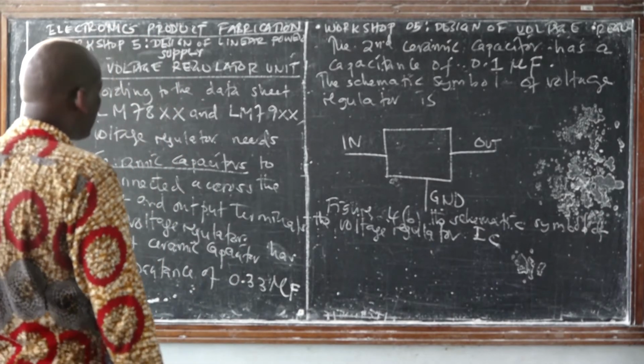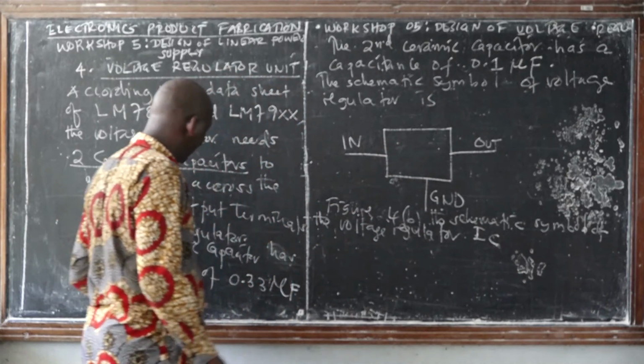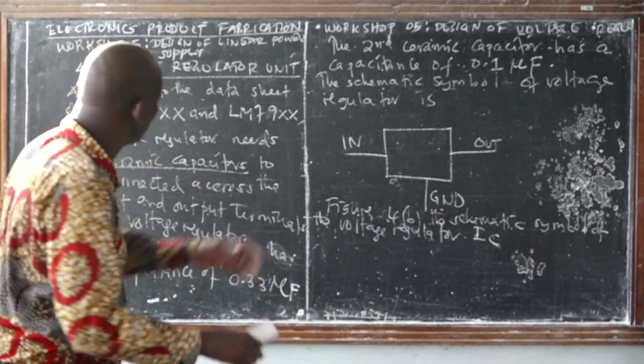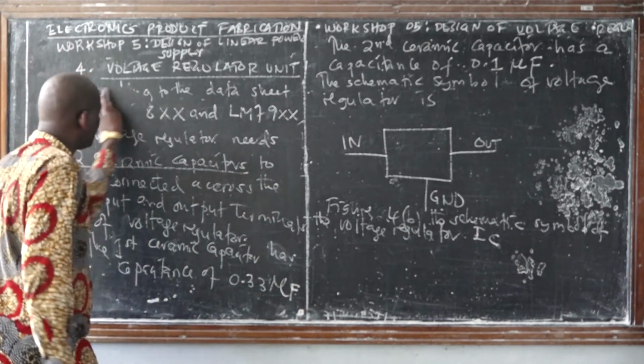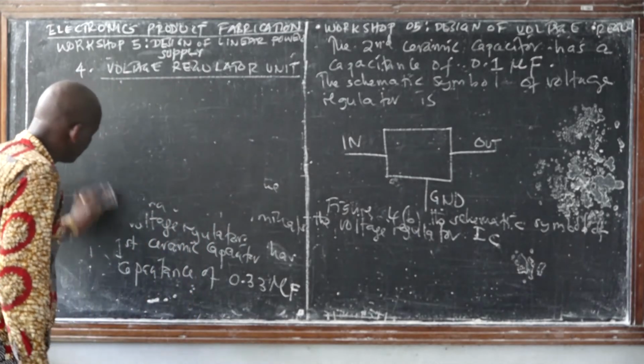So then, how do we connect these two ceramic capacitors, one of 0.1 microfarad and the other of 0.33 microfarad? That's the next case, and then we go to the overall schematic circuit diagram of the linear power supply.